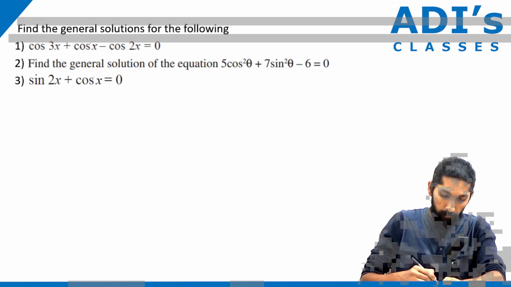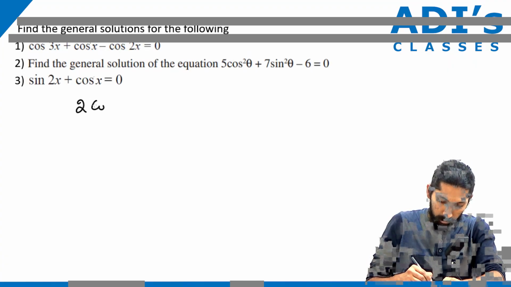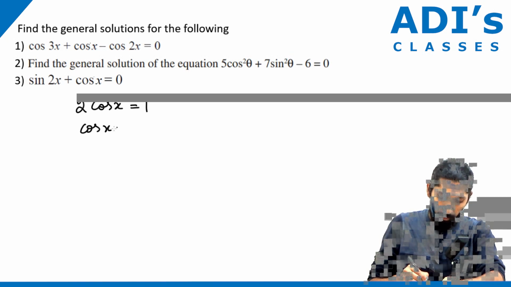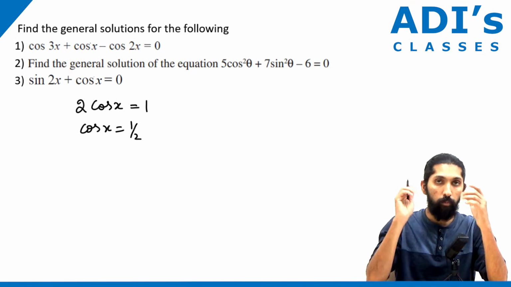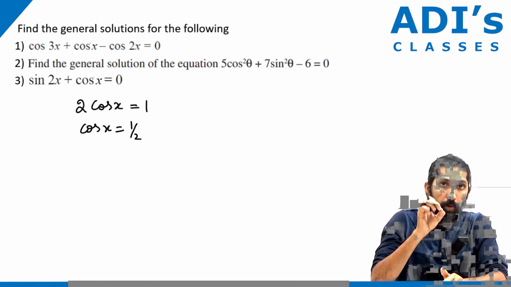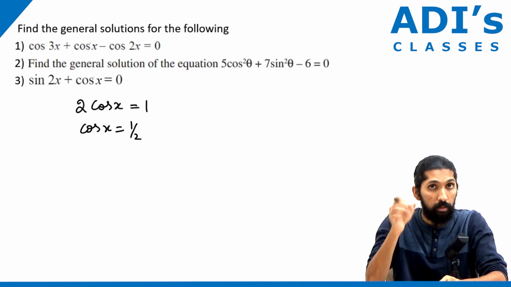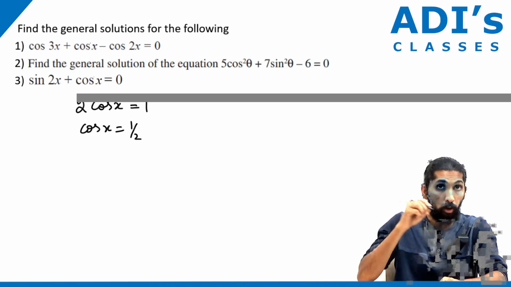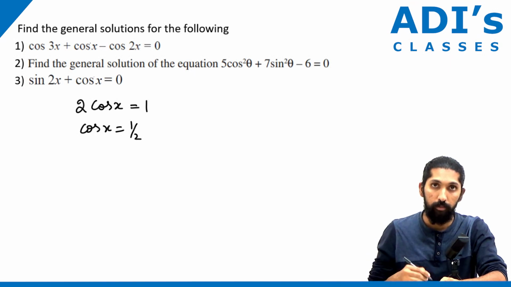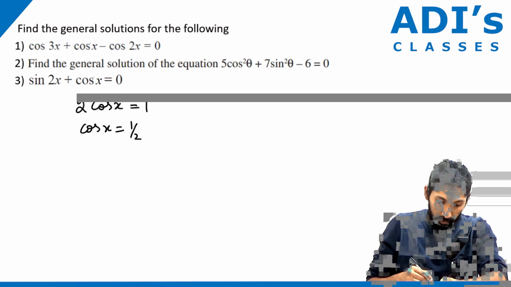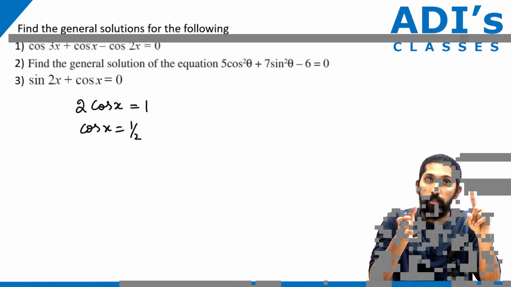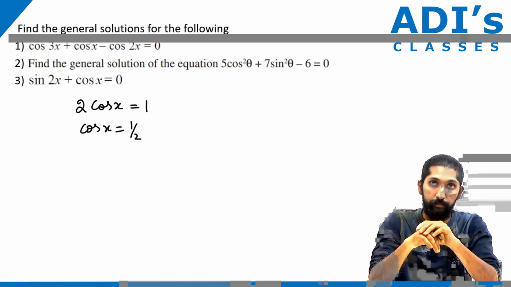Fair enough? So let's solve this one. The first case, we have 2 cos x is equal to 1. So cos of x is equal to half. Now here I'll show you the principal value as well as the general solution. Let's do both. Now if cos x is equal to half, then cos x is positive in which two quadrants? First and the fourth quadrant, correct?